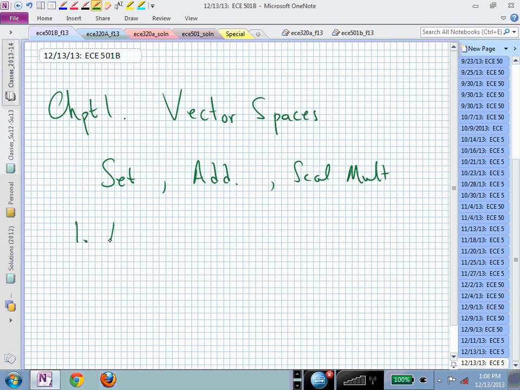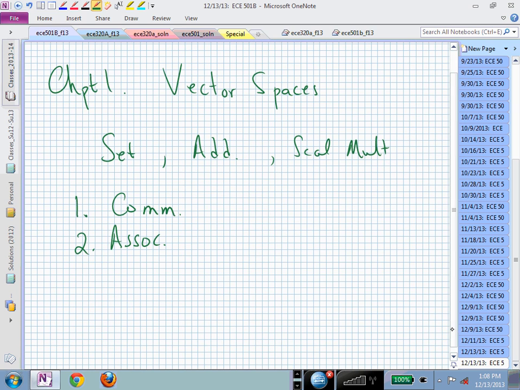One of those is the associativity property. The first one is actually the ability for these sums to commute, so commutativity, and associativity.